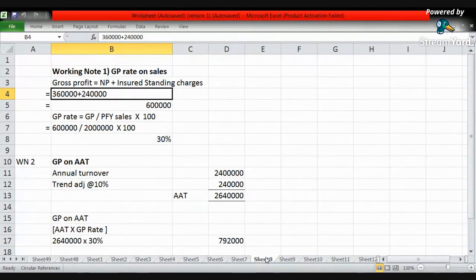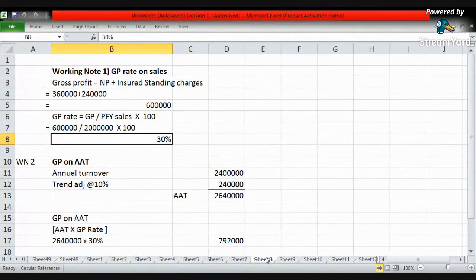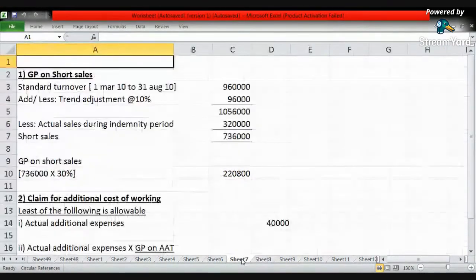Take that, you will get gross profit, and then GP rate is gross profit divided by previous financial year sale into 100. So we get 30%. Then the second point, the GP on AAT, we can calculate when we go to the second step.